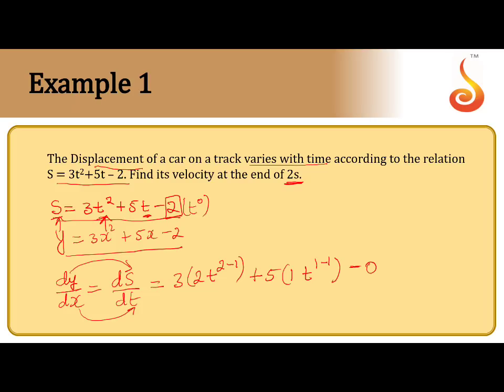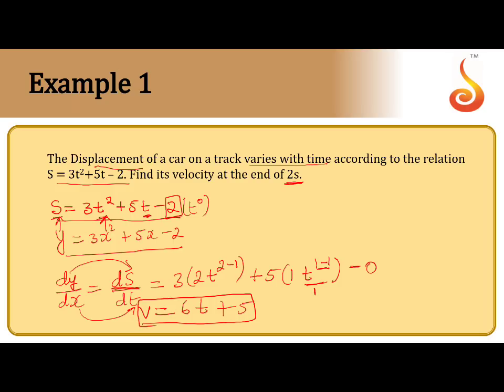Differentiation of the constant is equal to 0. This will be 3 2s are 6, 6t, 1 minus 1 is 0, anything power 0 equal to 1, plus 5. You know that rate of displacement is nothing but velocity v equal to so much.